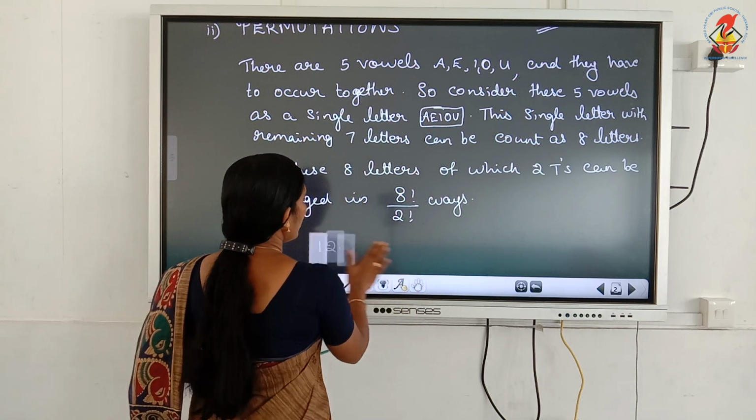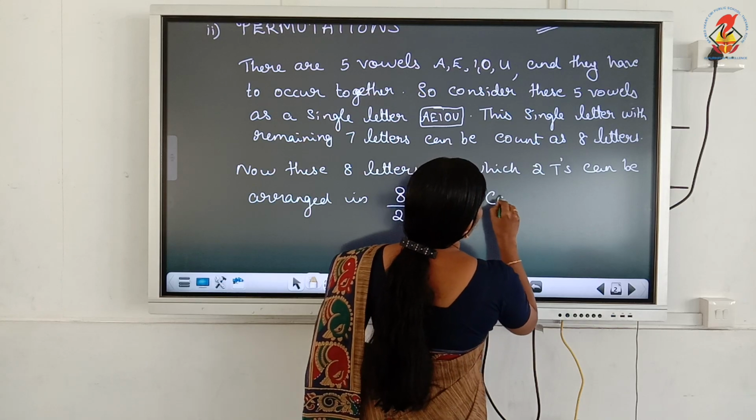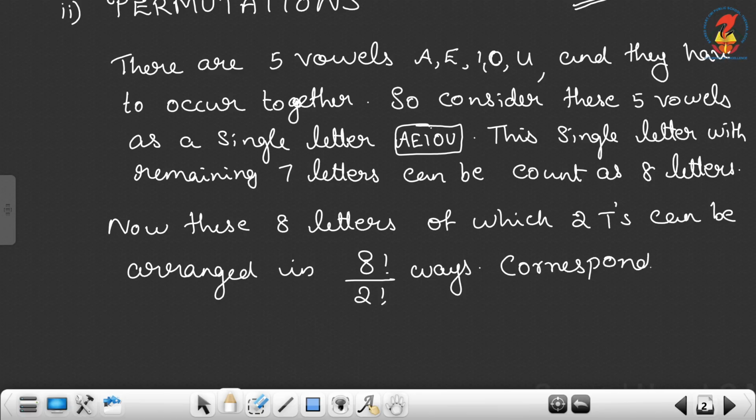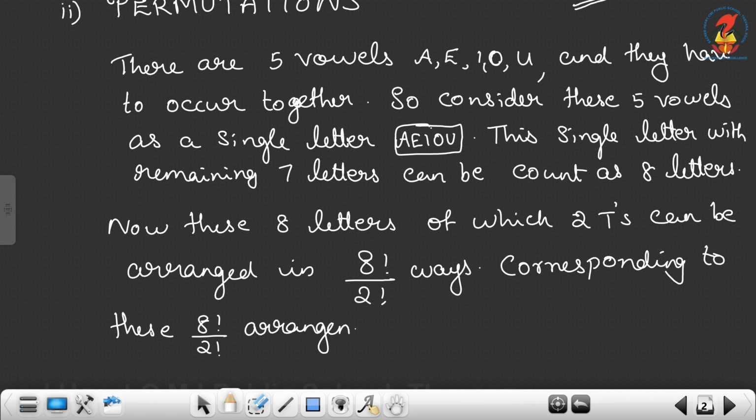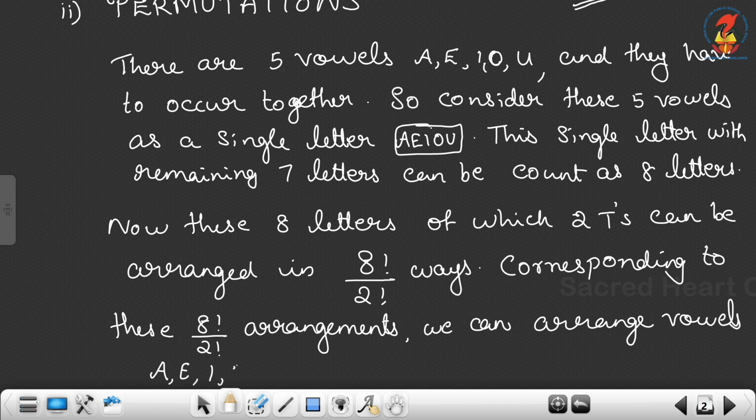So corresponding to these 8 factorial by 2 factorial arrangements, we can arrange the vowels A, E, I, O, U in 5 factorial ways.